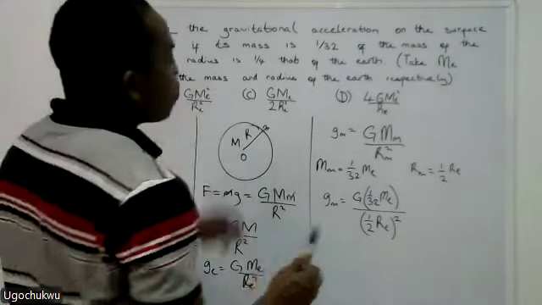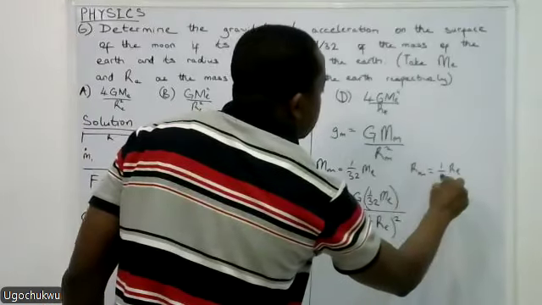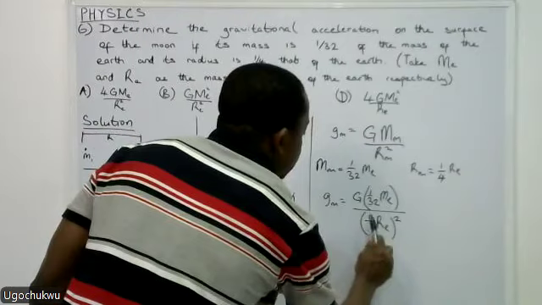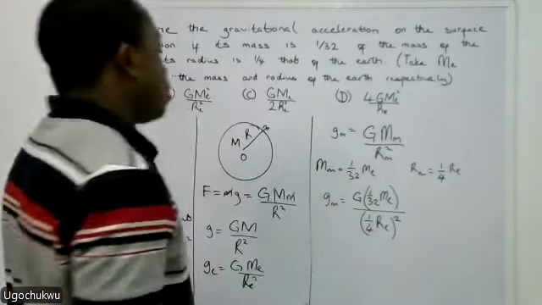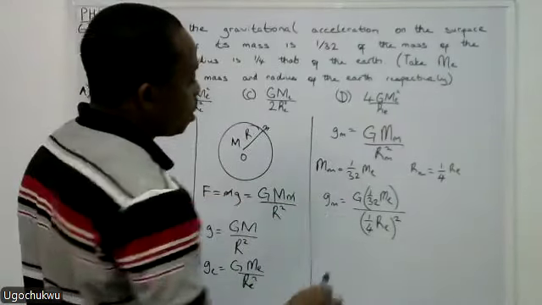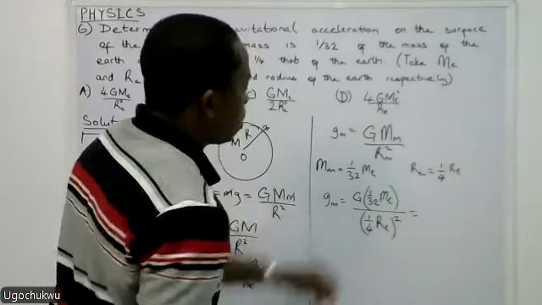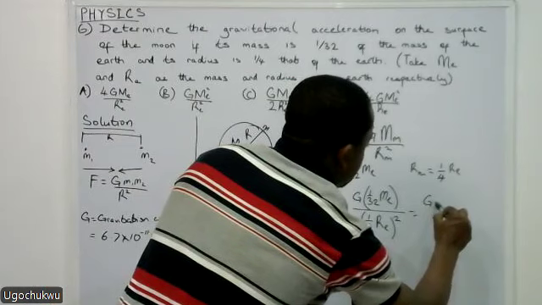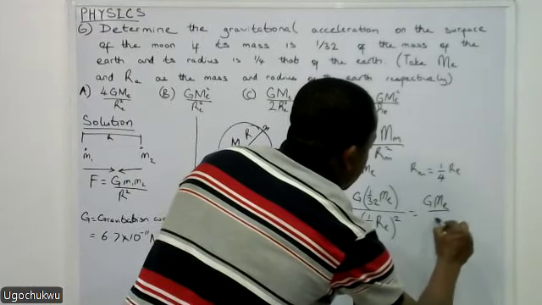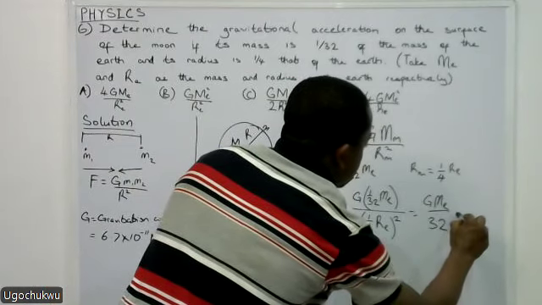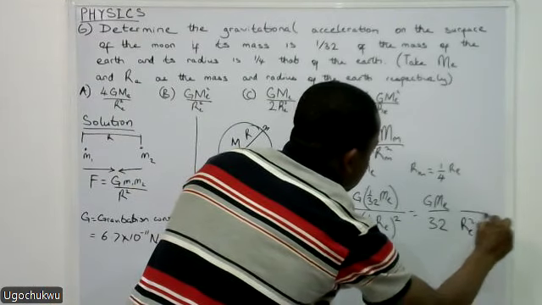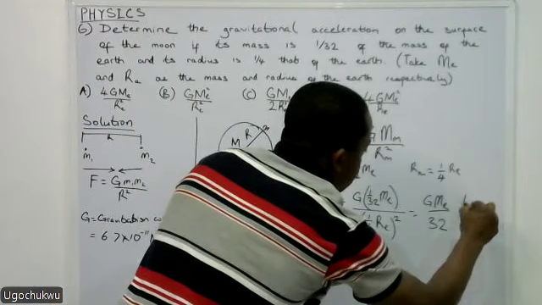Okay, so this is 1 over 4 rather. The radius of the moon is 1/4 the radius of the Earth. So this is 1 over 4 here, right? So if we simplify this, we're going to get G ME all over 32 RE squared, and this 4 squared will go up, but that's 16, right?